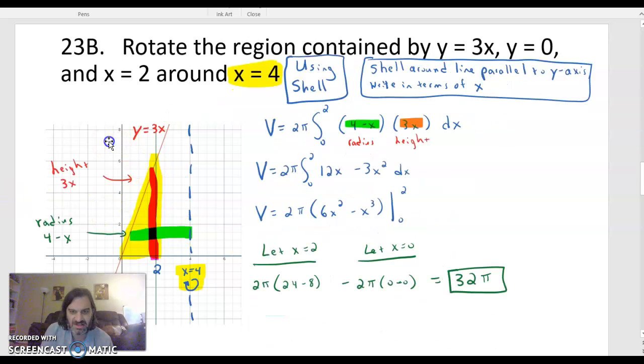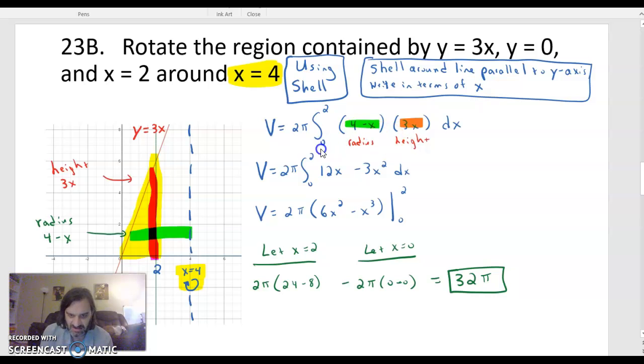Now let's do the same thing using the shell method. So keep in mind when we use the shell method around x equals 4, which is parallel to the y-axis, shell method around the y-axis is in terms of x, so that's the same thing I'll do for x equals 4. So I've got the figure drawn out, and the shell method is 2 pi times the integral of the radius times the height.